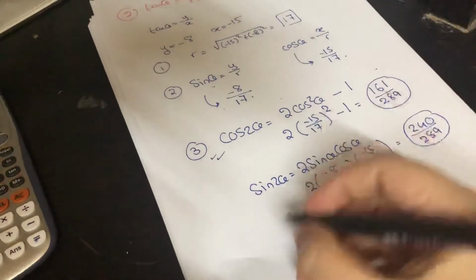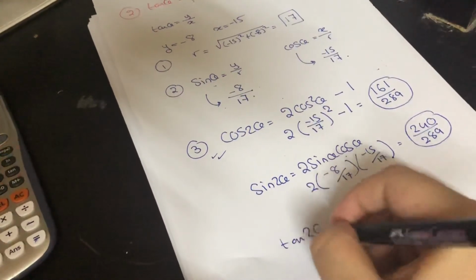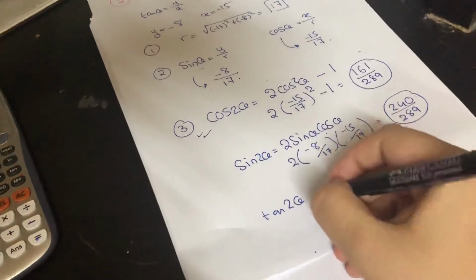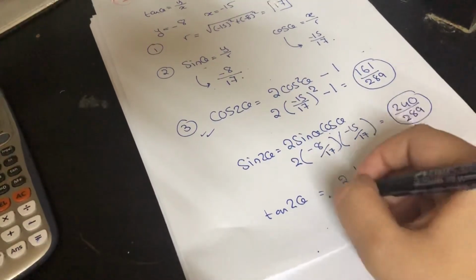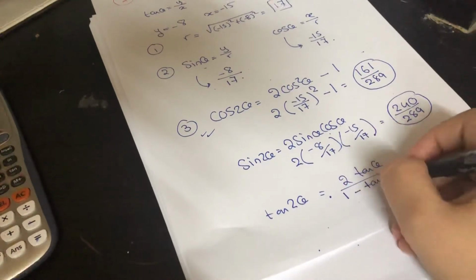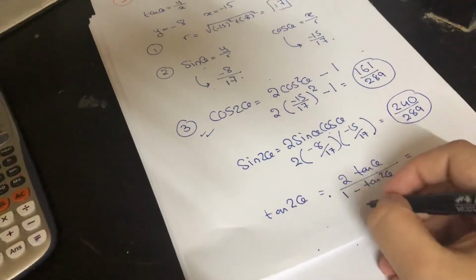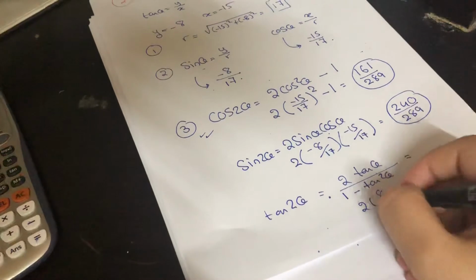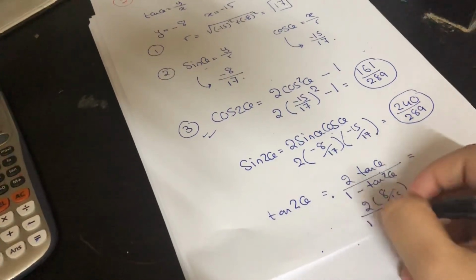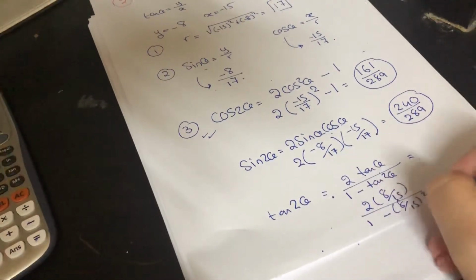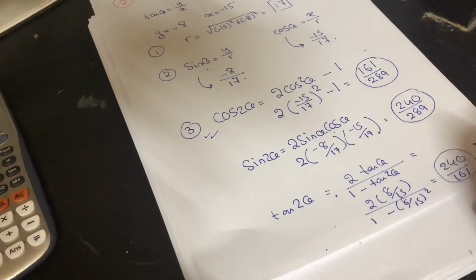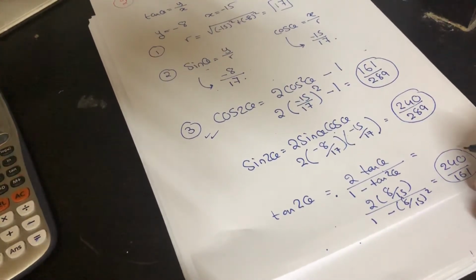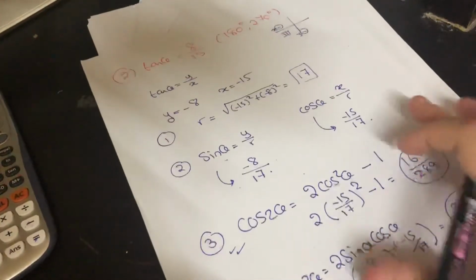And then you need to find tan 2 theta, and its rule is 2 tan theta over 1 minus tan squared theta. Again, so it's 2 times 8 over 15 over 1 minus 8 over 15 squared, which is equal to 240 over 161. So I hope again you're not confused between tan theta and tan double theta.